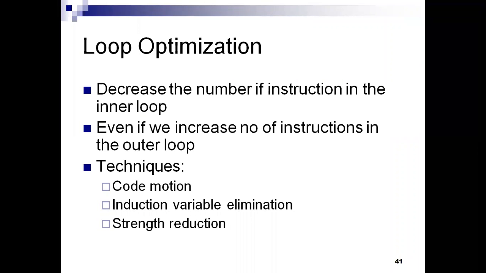Where are we going to apply these techniques? We apply them wherever we have conditional or control statements, like an if condition, while condition, or switch condition, whatever it may be.